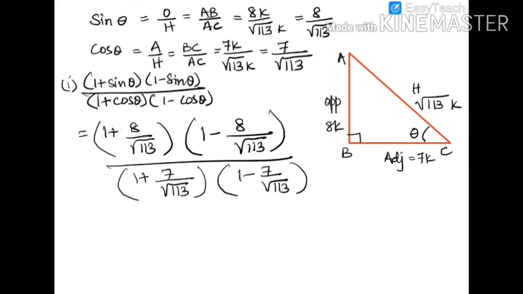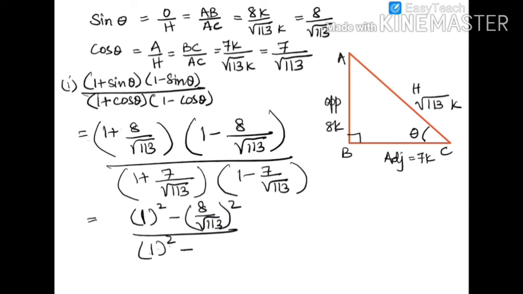Now this expression is of the type a plus b into a minus b, and same format we have in the denominator. So we can write this as a square minus b square. So this will be 1 square minus 8 upon root 113 square divided by 1 square minus 7 upon root 113 square.